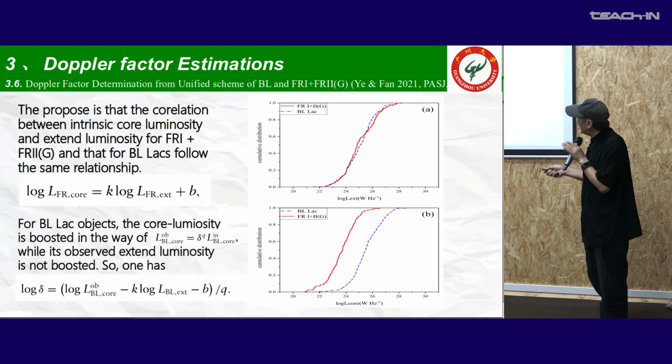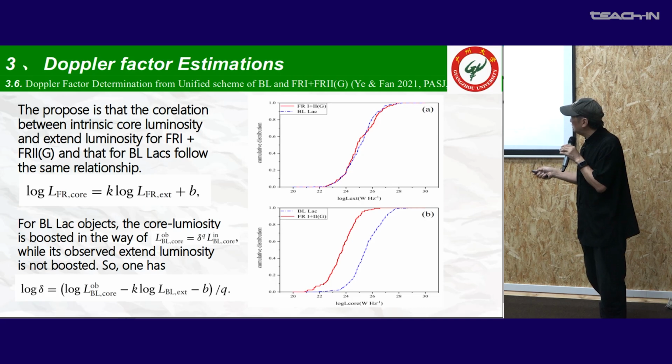So this is for FR galaxies. Their emission should be intrinsic. This is for FR galaxies, and we think for BL Lac objects, the intrinsic luminosity should be the same as this one, and the difference is from the beaming factor.